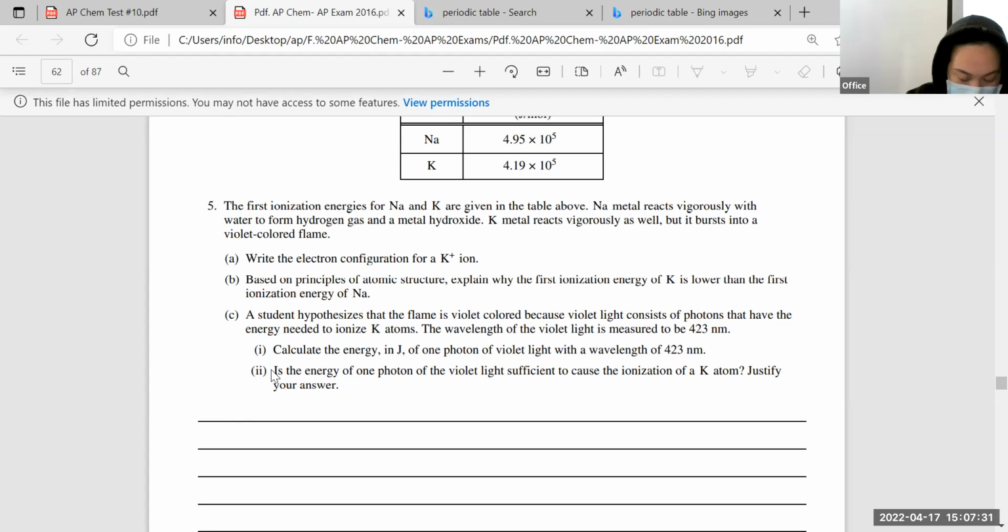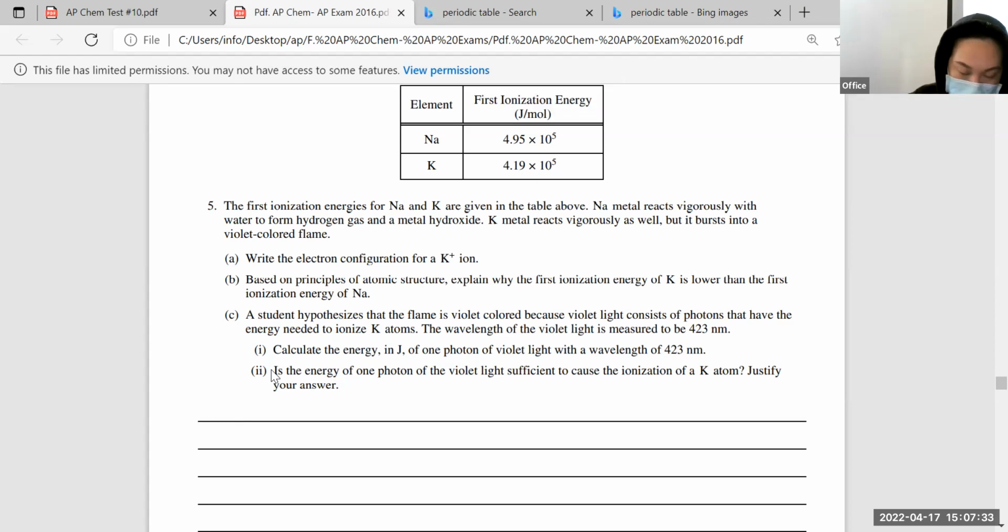Justify. So we just got what? First ionization energy, right, is 4.19 times 10 to the fifth joules per mole.